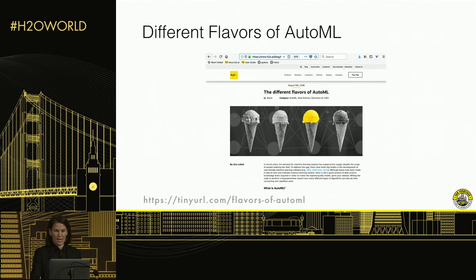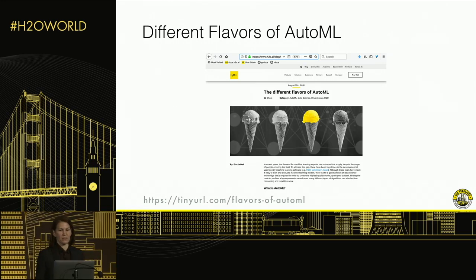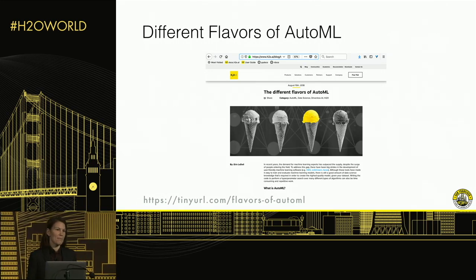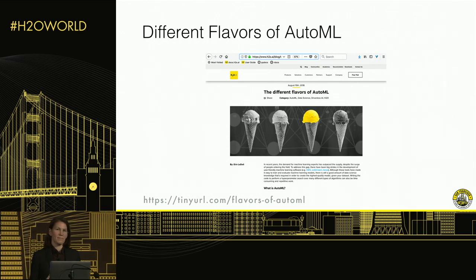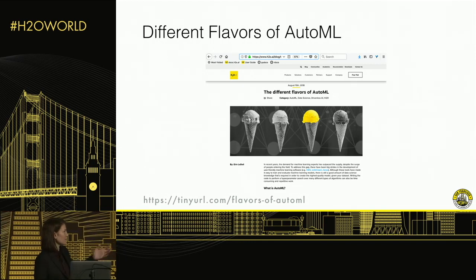Again, I mentioned the term AutoML is a generic term, so it could be used to describe a lot of different techniques. If you're new to the field or new to the term AutoML, there's a blog post that I wrote a few months ago that you can see here.